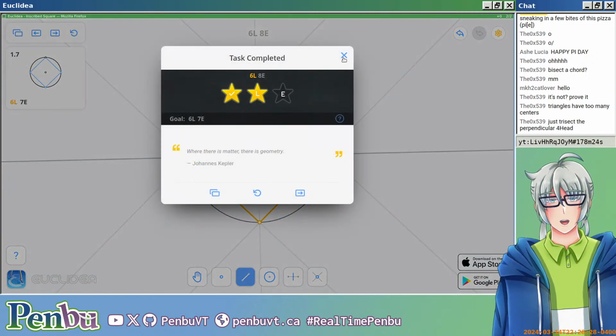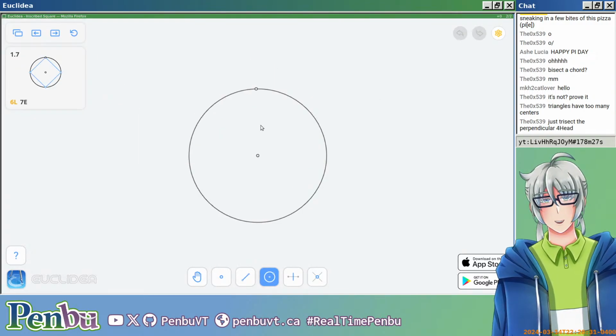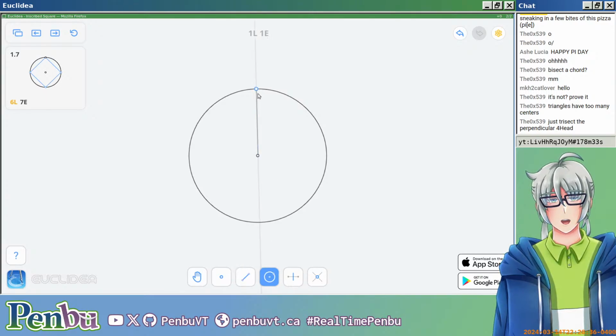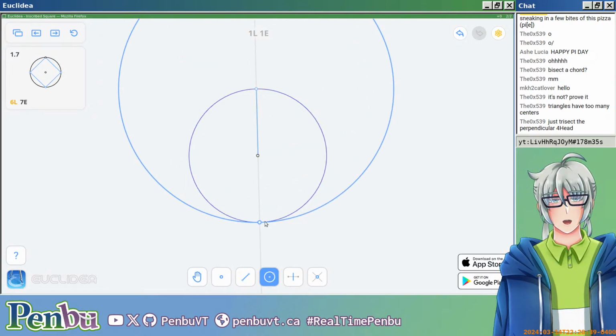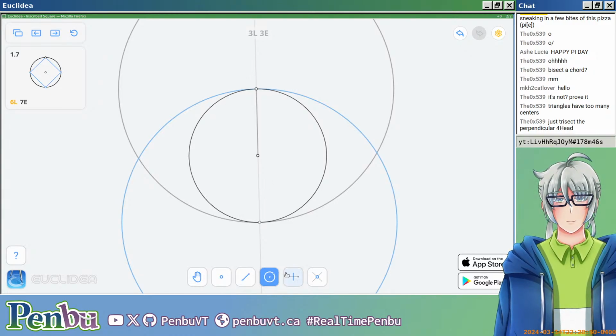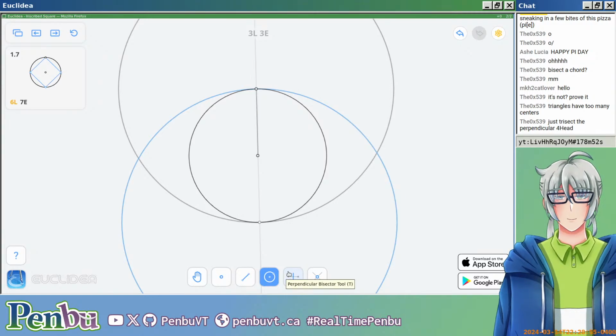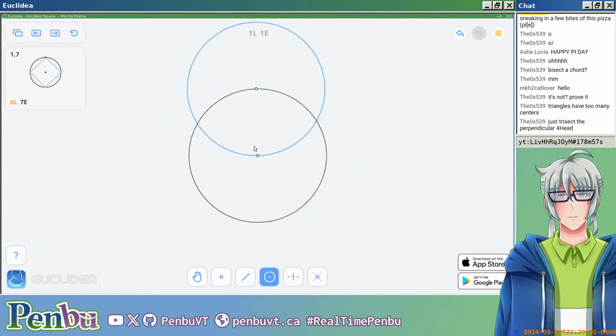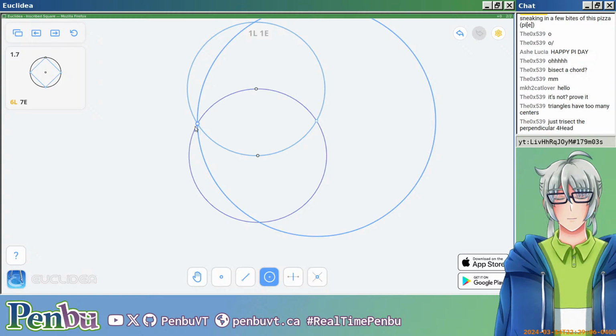I think we need to try to do this with just the compass and straight edge. So we can do the straight edge here. And then we can... No, we did that before though. You can get to the other side by doing not this, but doing this.